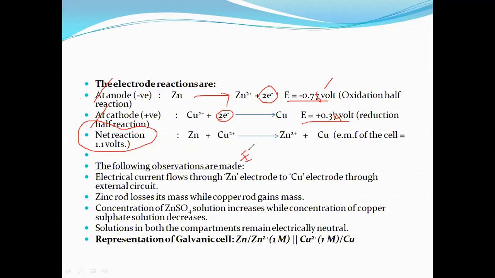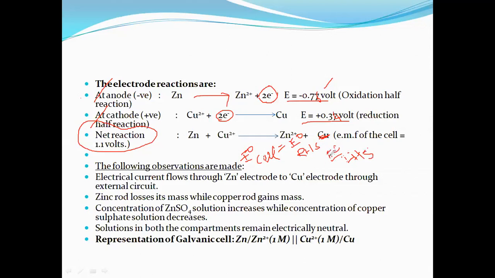The right hand side is the reduction reaction, and the left hand side is the oxidation reaction. So the electromotive force of the cell is equal to E of RHS minus E of LHS.